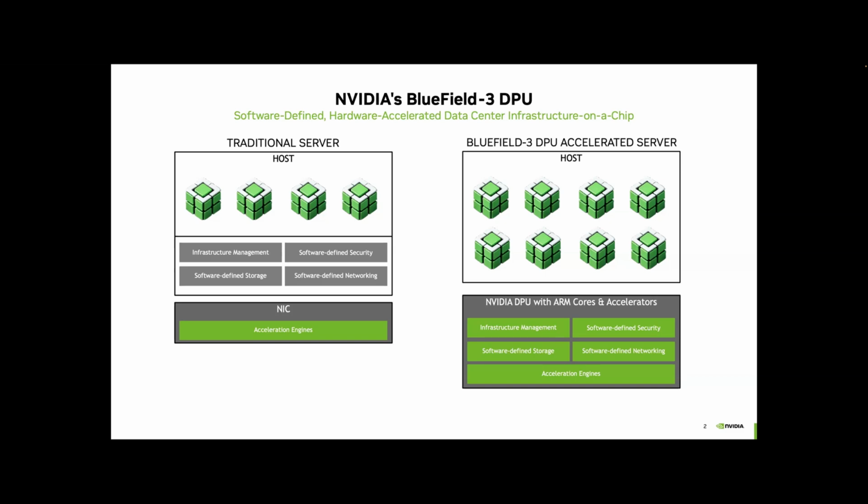With traditional server architectures, typically you have the host with all of its computational capabilities, whether it's CPU or GPU. They sit separate from the network, and the host side does quite a bit of work to progress communication. On the right side, we see a BlueField data processing unit, or DPU.